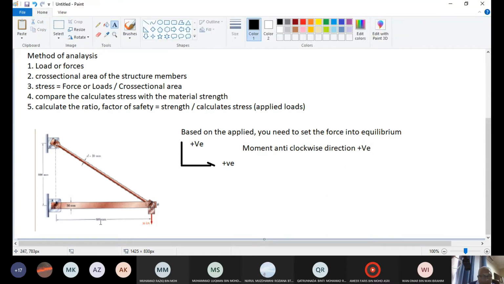Therefore, as we have force down here, we should have force reacted here. We should also have force reacted in this direction.